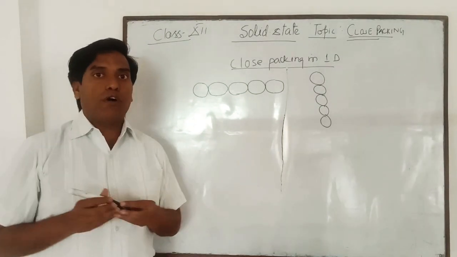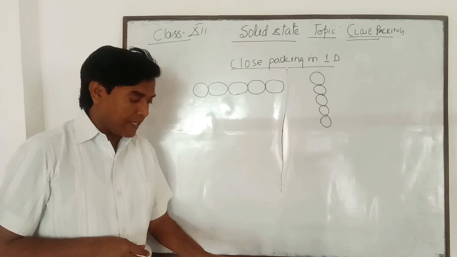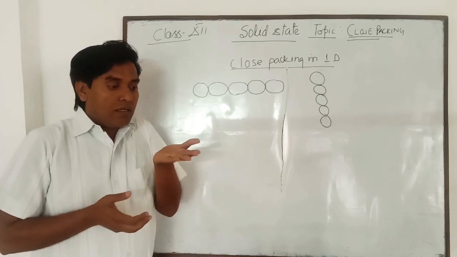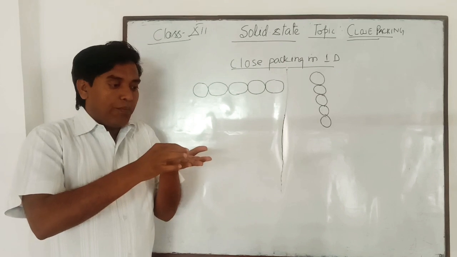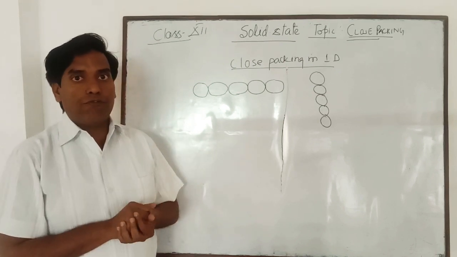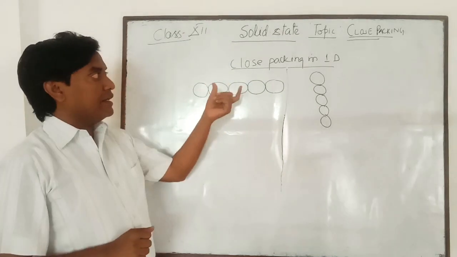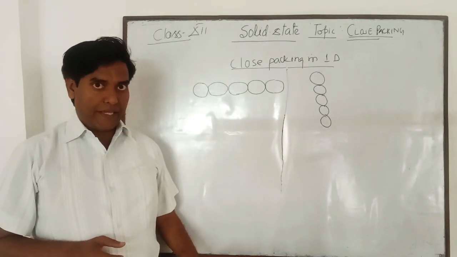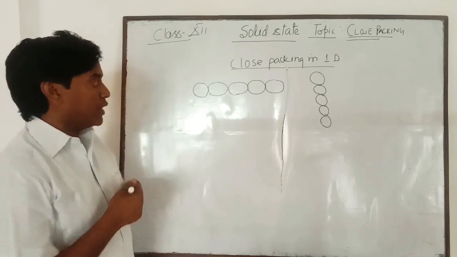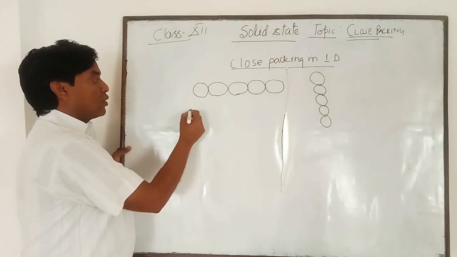The best example of one-dimensional closed packing is oranges. If on a table you make one row of oranges by touching the spheres of each other, then it creates one-dimensional packing.